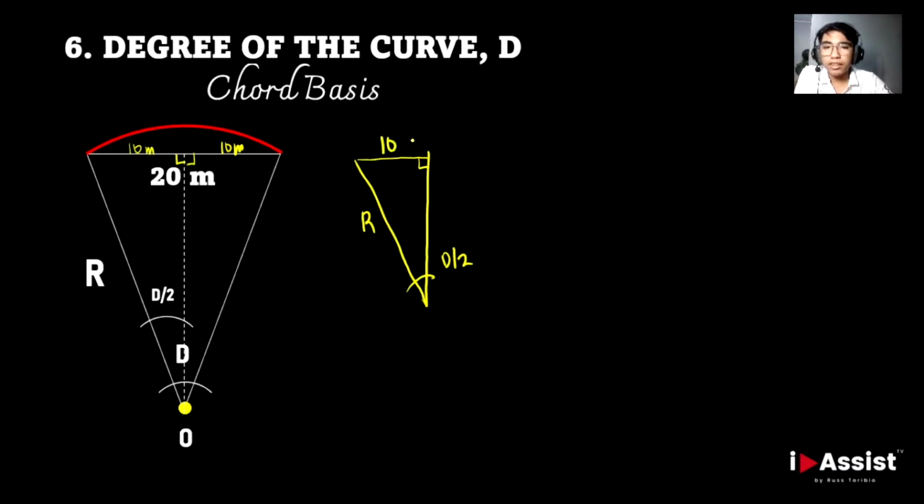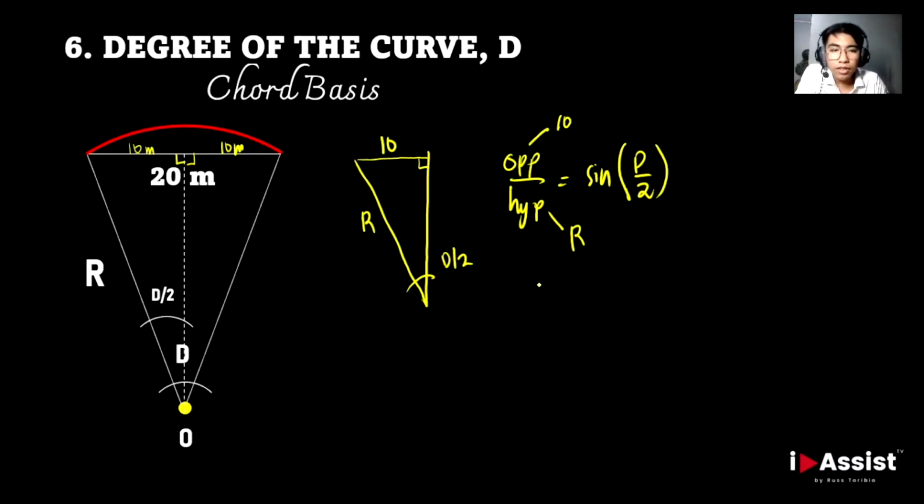So, this is 10. So, what we're looking for is what? D. But we have an opposite side and a hypotenuse. That is sine of D over 2. Okay? So, in order for you to find your opposite side is 10, your hypotenuse is R. Therefore, 10 over R is equal to sine of D over 2.